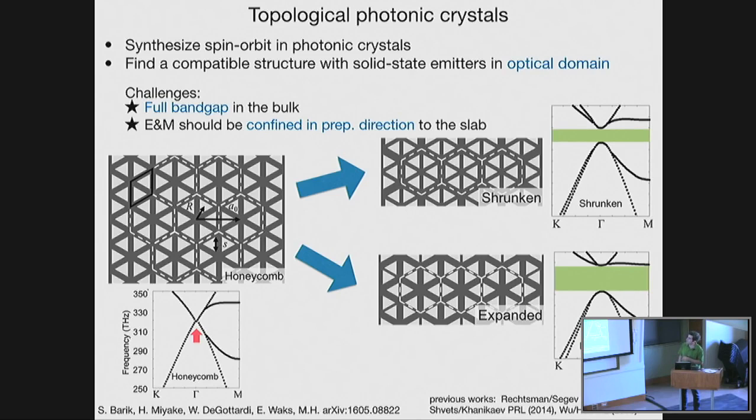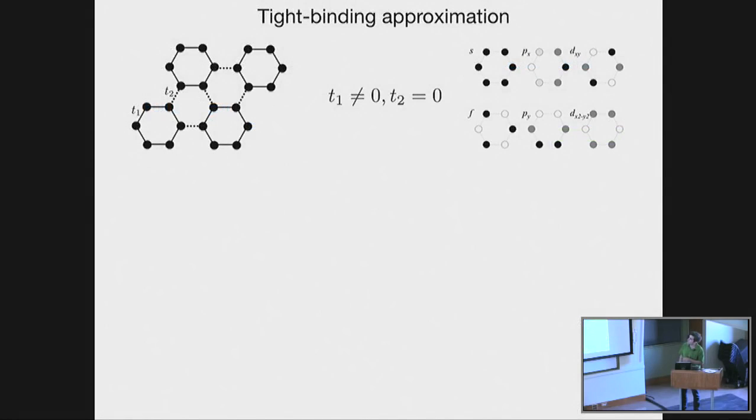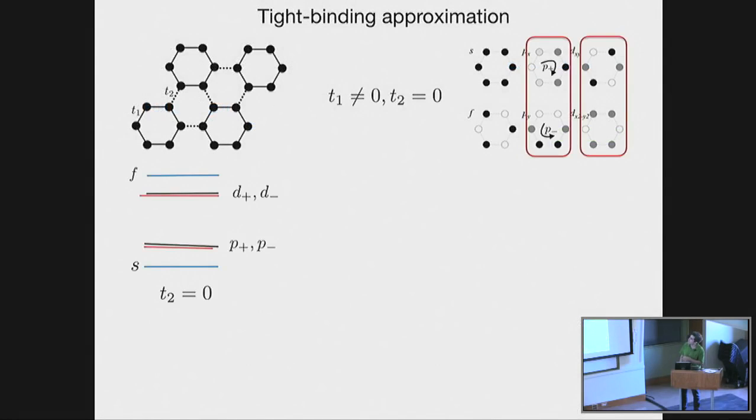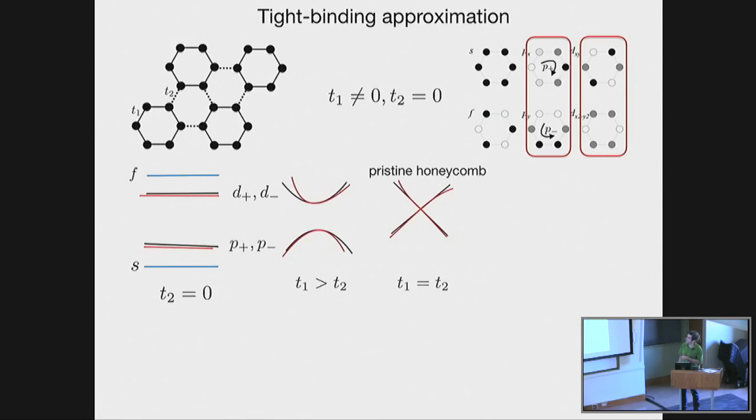So if I look at the orbitals here, I have like an s orbital, a p orbital, d orbital, etc. And if we shrink or extend this, it would invert the band.